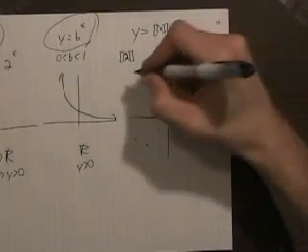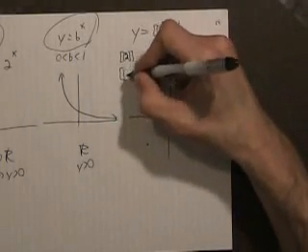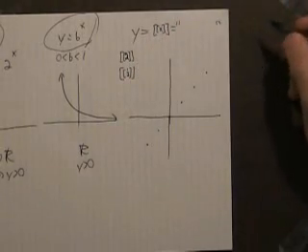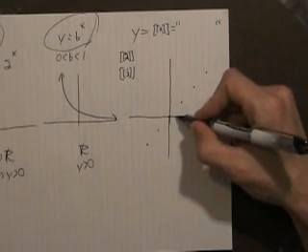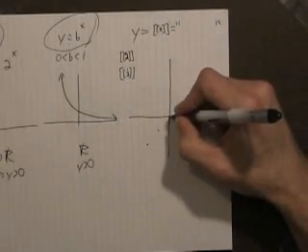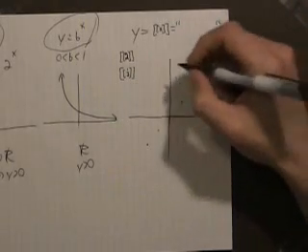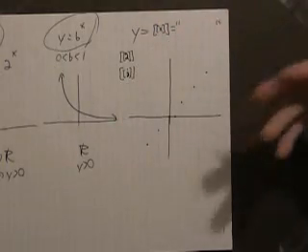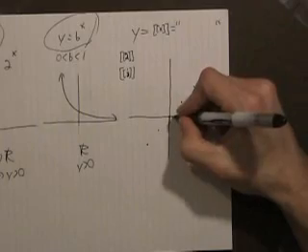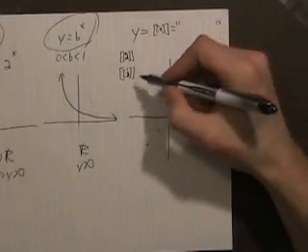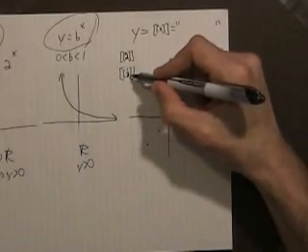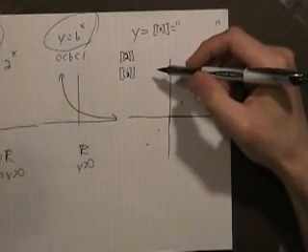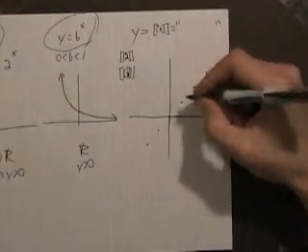But when you start plugging in fractions, if you say the greatest integer of, for example, 1/2, what is the greatest integer that is less than or equal to 1/2? Well, it's going to be 0, so 1/2 goes to 0. What about 1/3? The greatest integer that is less than or equal to 1/3 is also going to be 0. In fact, for any number between 0 and 1, the greatest integer that is less than or equal to it is going to be 0.